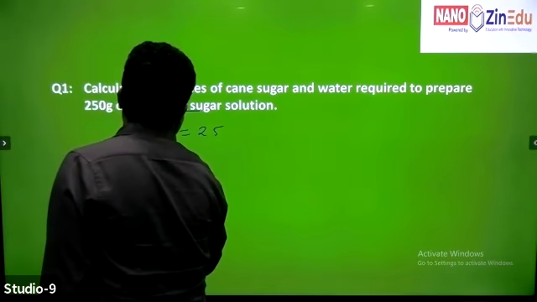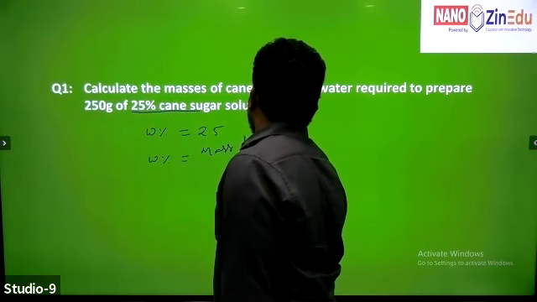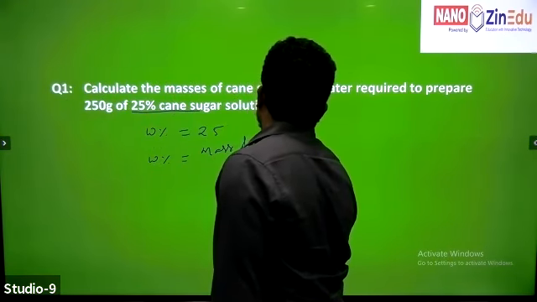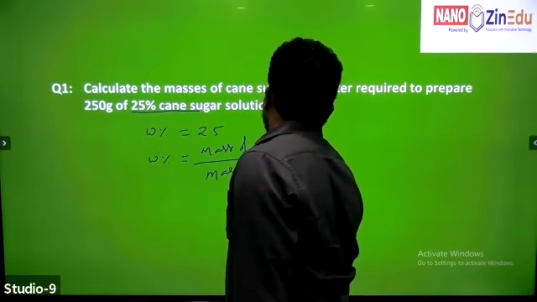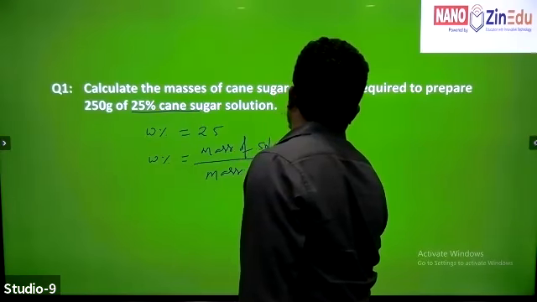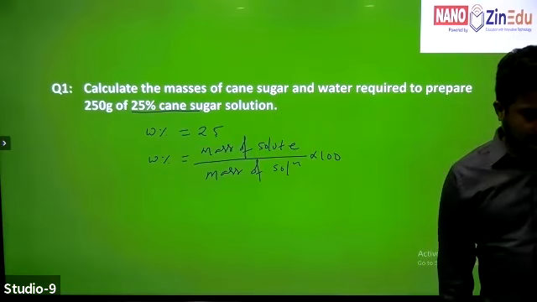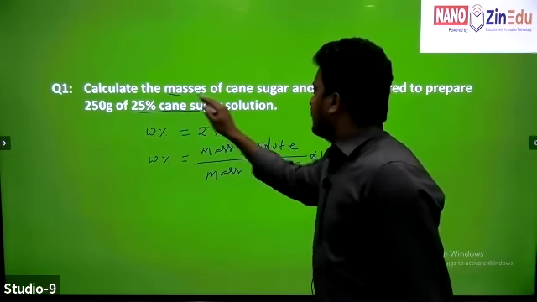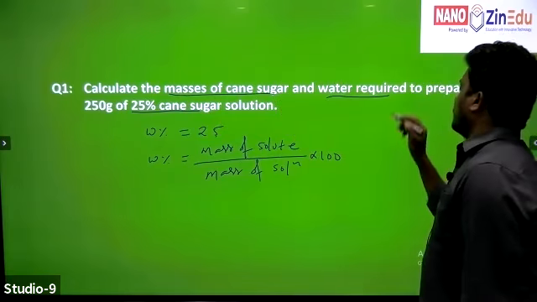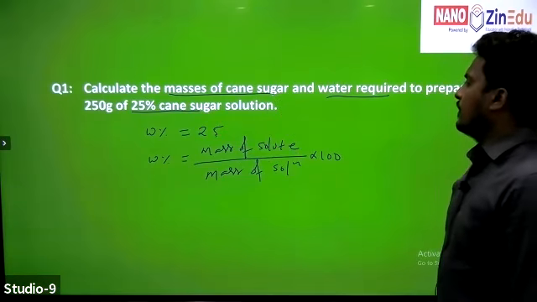Weight percentage or mass percentage is equal to mass of solute by mass of solution into 100, right? Here weight percentage is given, that is 25. So first calculate the mass of cane sugar, and after that calculate the weight of water in 250 grams of solution.